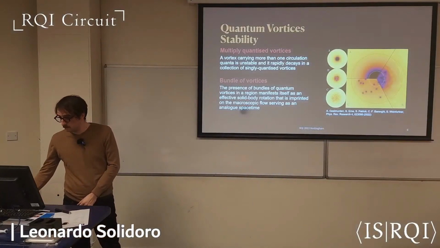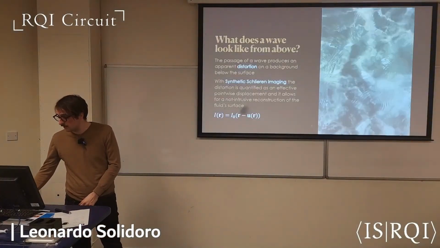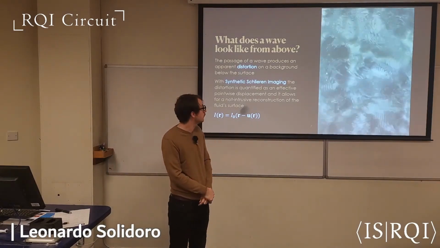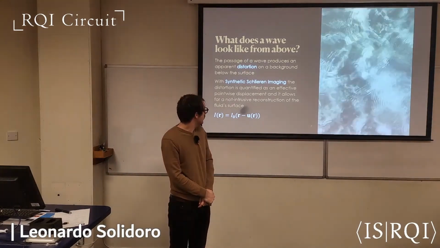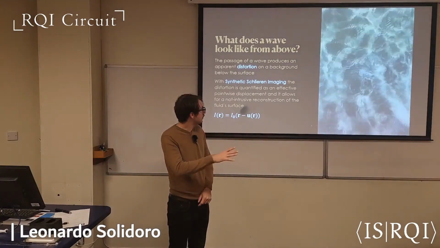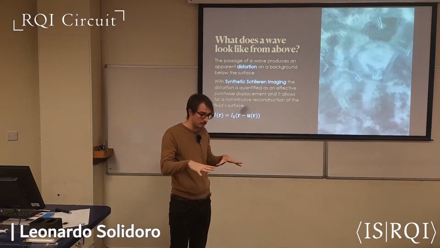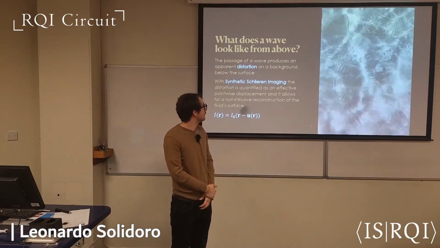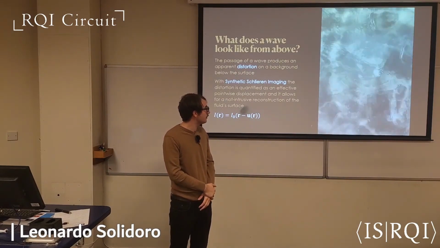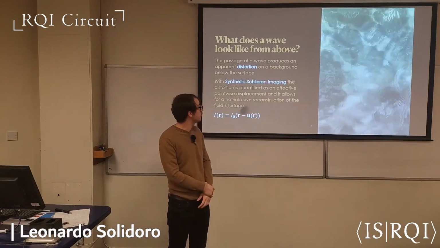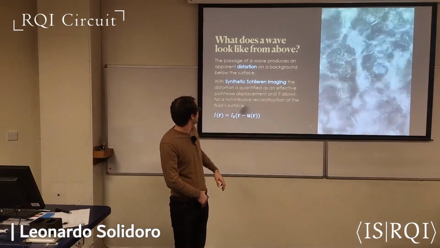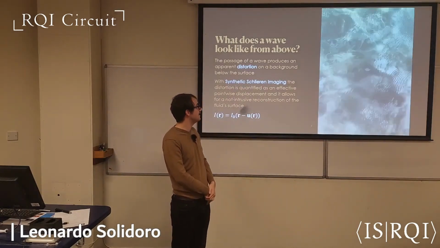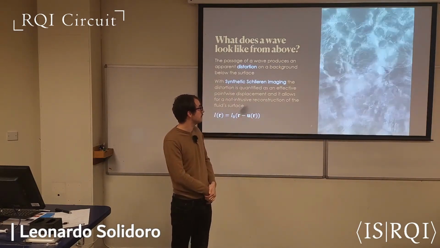Now I will present to you how we detect the waves which propagate on our sample. The idea is that we can detect them with enough resolution both in space and time, sampling the whole surface of the fluid, by exploiting synthetic Schlieren imaging, which is based on an idea that every one of us may have experienced.